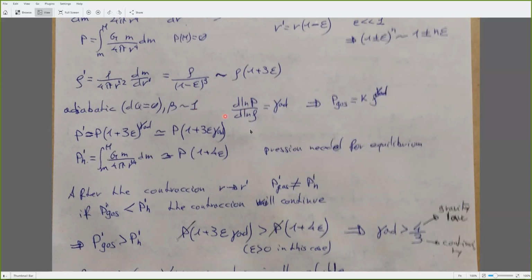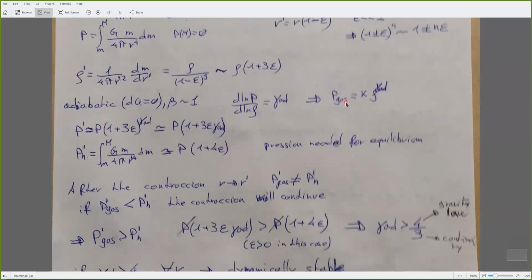So the gradient between pressure and density is the adiabatic coefficient, and the pressure of the gas can be represented in this way. So the density is this, we put this value in, we get this solution, with a small variation again.